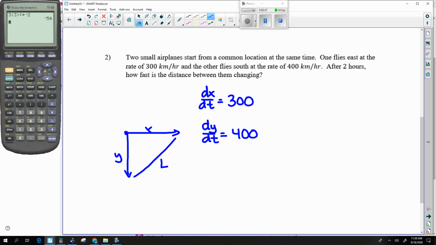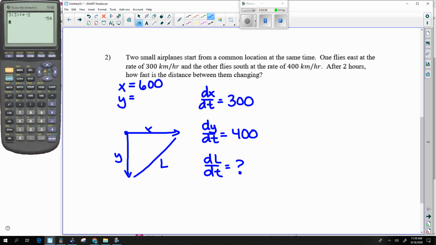How fast is the distance between them, which I'll call L, changing? So what is dL/dt? That is the question, after 2 hours. So what else do we know? In 2 hours, the x, if that's kilometers per hour, would be 600 kilometers.